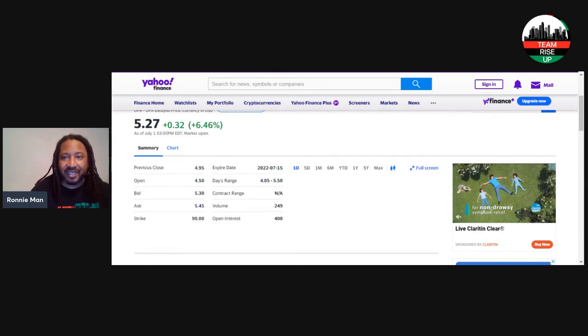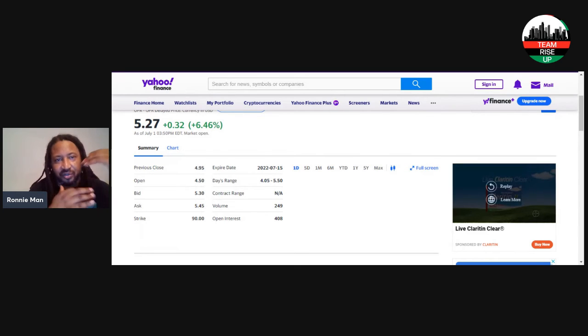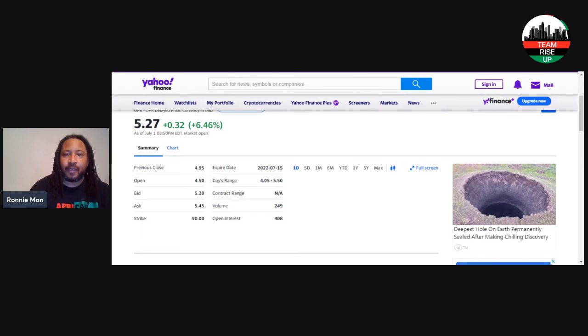It took 7 days to get a 245% return. That's the max potential you could have gotten off this contract. Could have gotten up to 245%. Okay. And the contract expired.